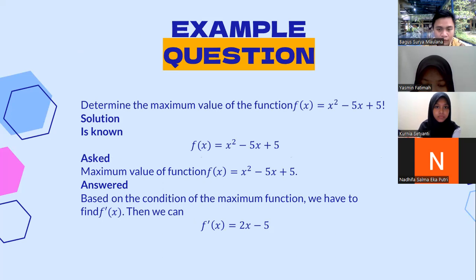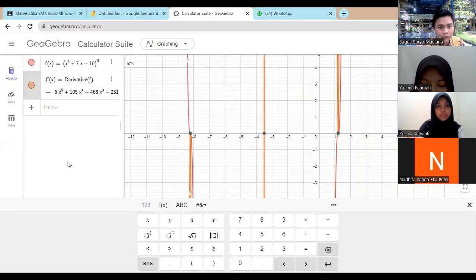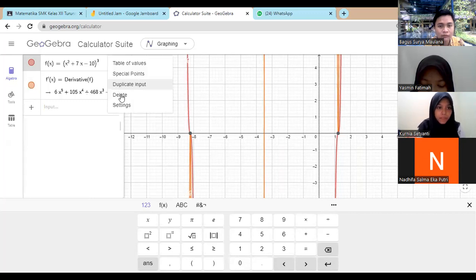Okay, I'm gonna show it again, but first, let me write it in here. I'm gonna open GeoGebra. Is my GeoGebra clear? Can we use it? Yes, sir.